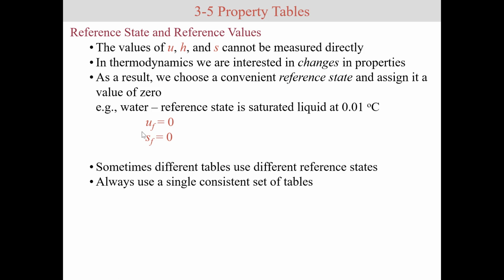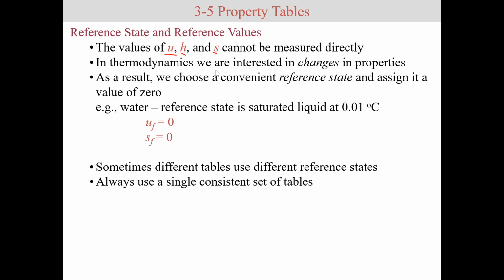Just as a note, we have all these reference points, right? We have values for these properties based on what's called a reference state or reference values. Values of internal energy, enthalpy, and entropy can't be directly measured, right? There's no internal energy meter like there is a thermometer. There's no enthalpy meter, there's no entropy meter.